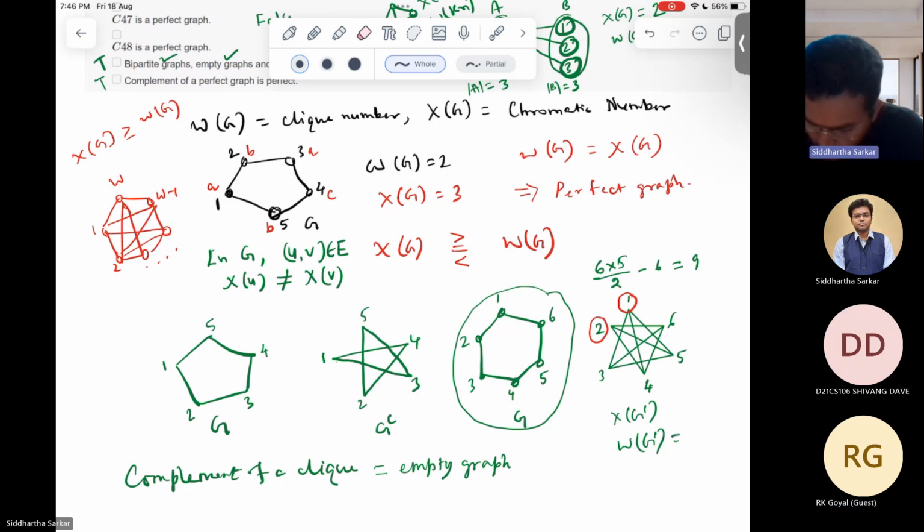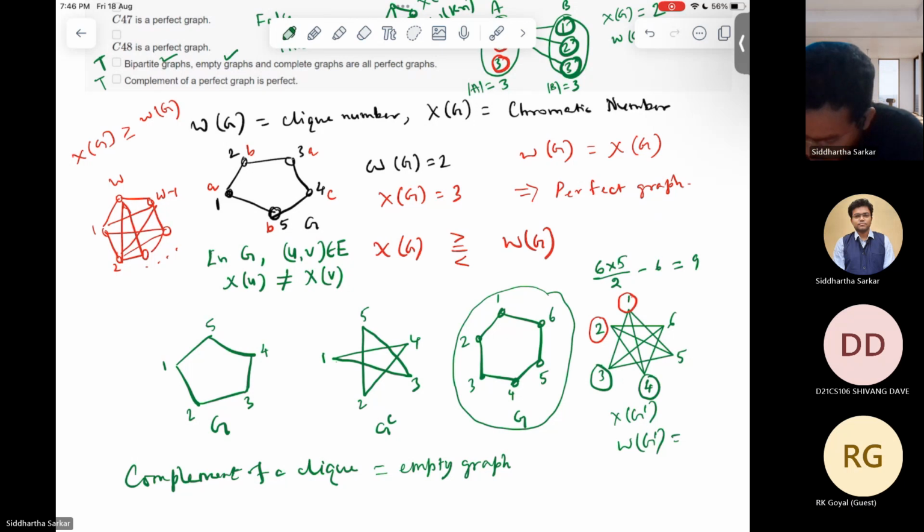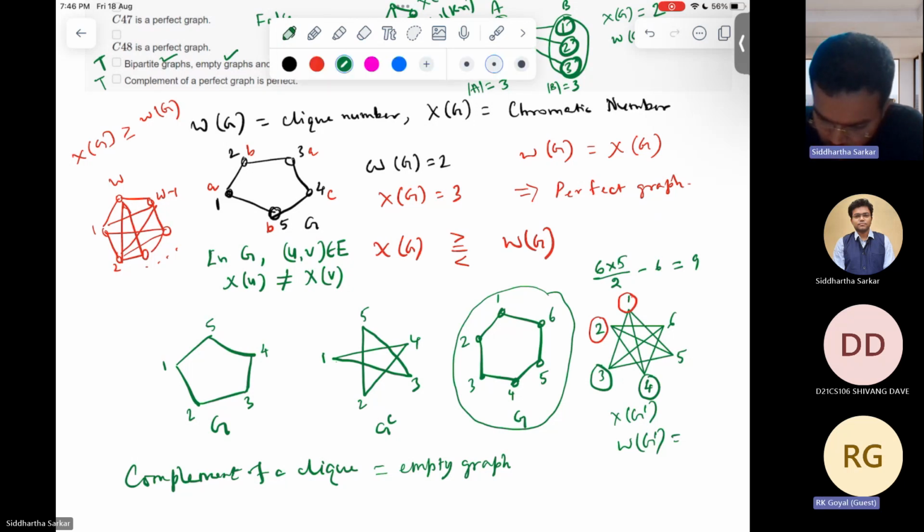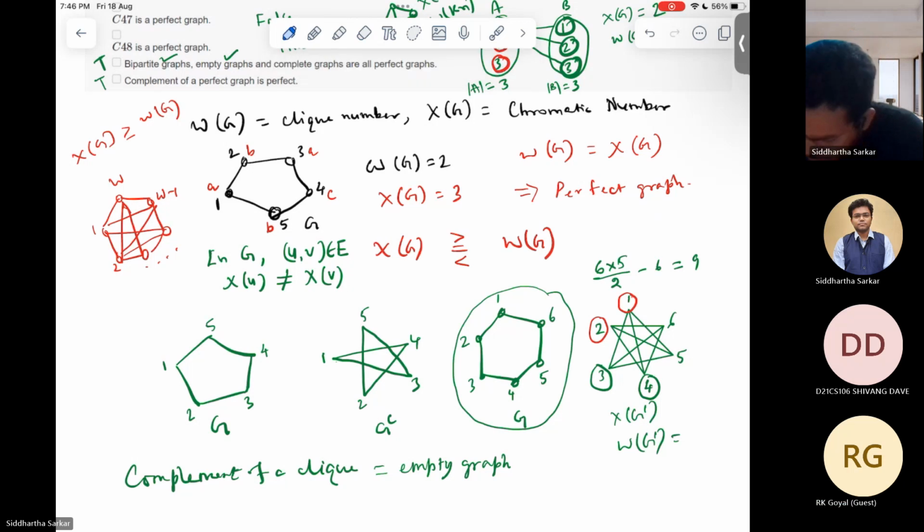So we need a different color for three and four, and we need a different color for five and six also. So I think this is sufficient. So three colors should be sufficient. And there is no K4. So omega of G dash is also 3 because there is a triangle only.